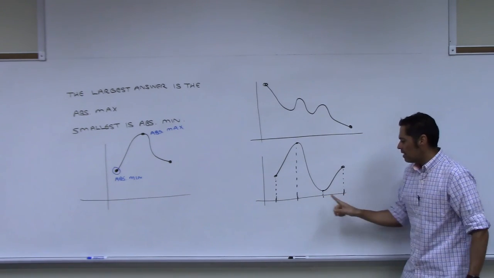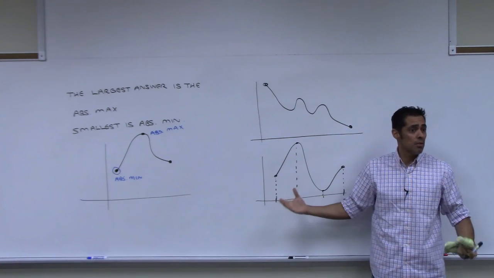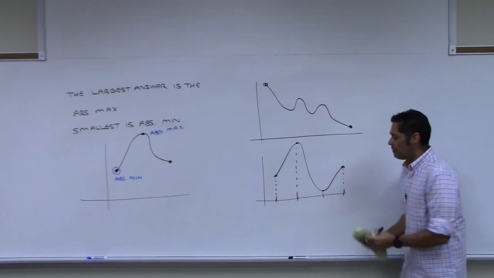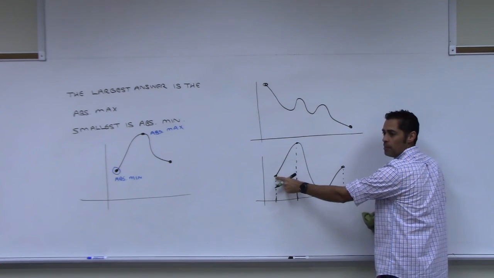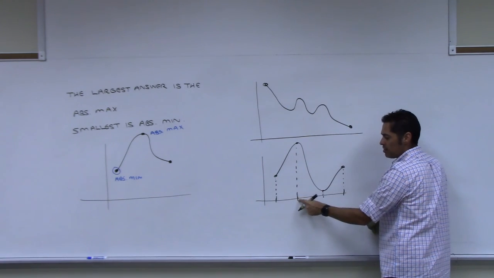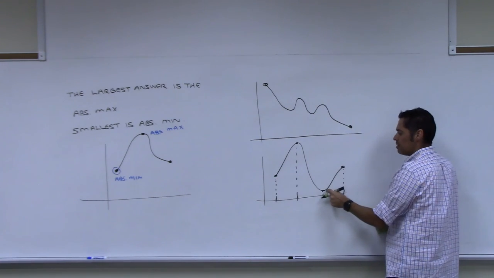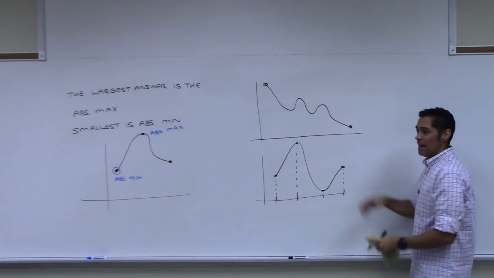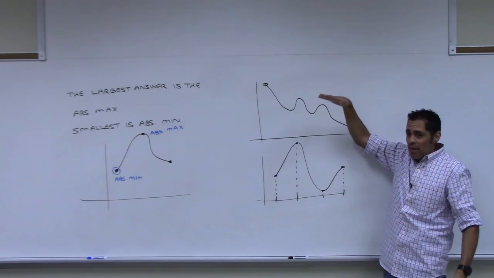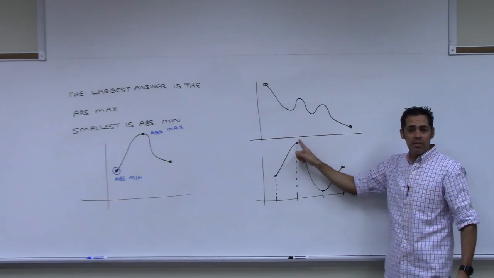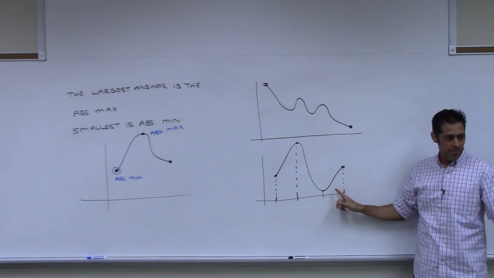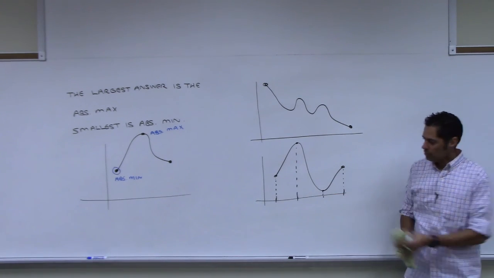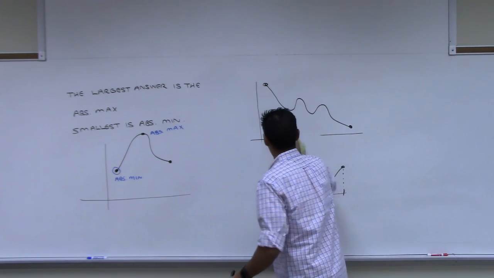And what I'm doing is taking these numbers and plugging them into the original function. So imagine if I plug this number in, I'm going to get some number out, right? Then this number in, some number out, this number in, some number out, this number in, some number out. I just look at those numbers. The biggest number I get is going to be my max. The smallest I get is my min. Got it?